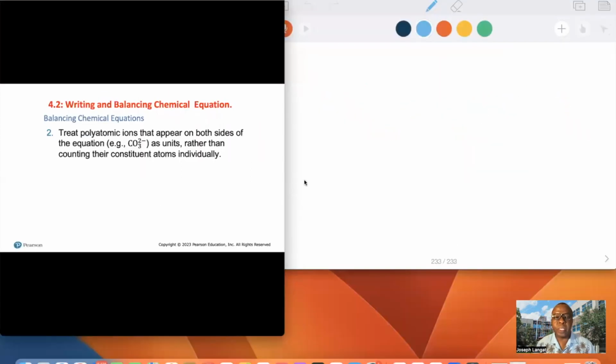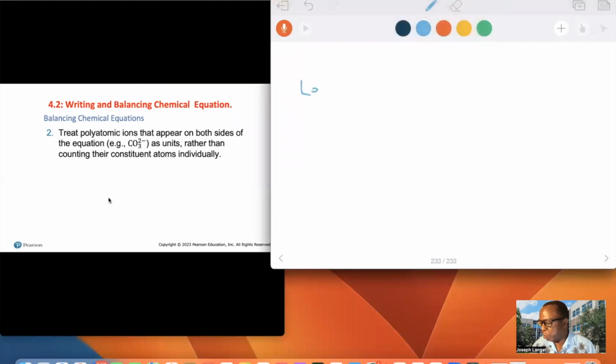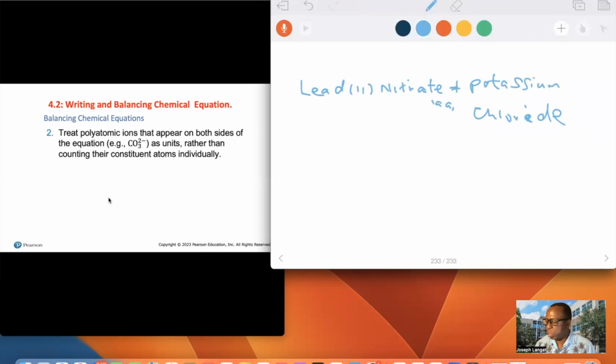Let's say, for example, let's practice with this: lead 2 nitrate, aqueous, plus potassium chloride, to produce... or I can start with lead 2 chloride, solid.